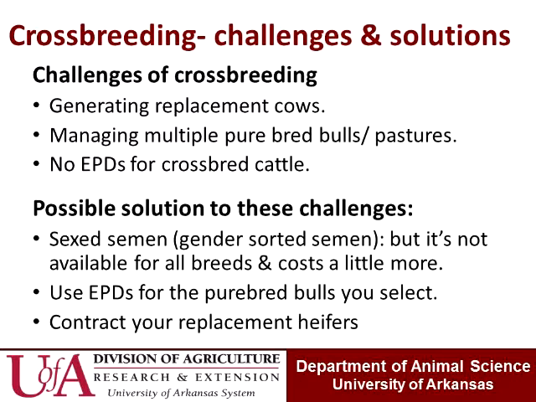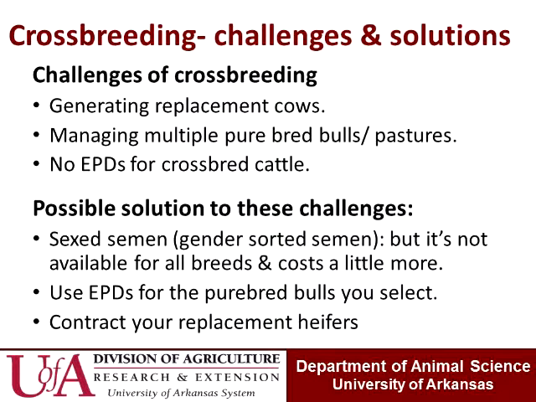Also, there are no EPDs for crossbred cattle. So once we've got crossbred animals, if we wanted to ever breed with crossbred animals, we don't have any genetic information per se on them directly. Although in an ideal crossbreeding system, we should be working with purebreds to always be producing the crossbred mamas and then the crossbred calves that we're going to sell to market.